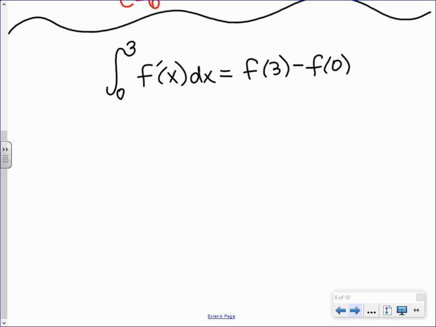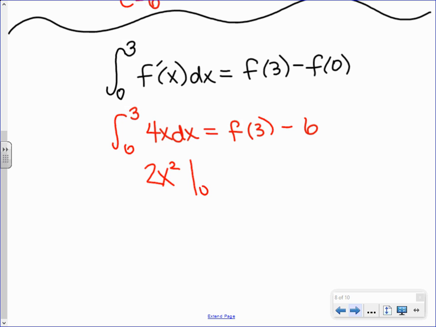Do you agree? So what we can do is we can take the integral from 0 to 3 of 4x dx, and that should equal f of 3, which we don't know, minus f of 0, which is 6. So here we have 2x squared evaluated from 0 to 3.